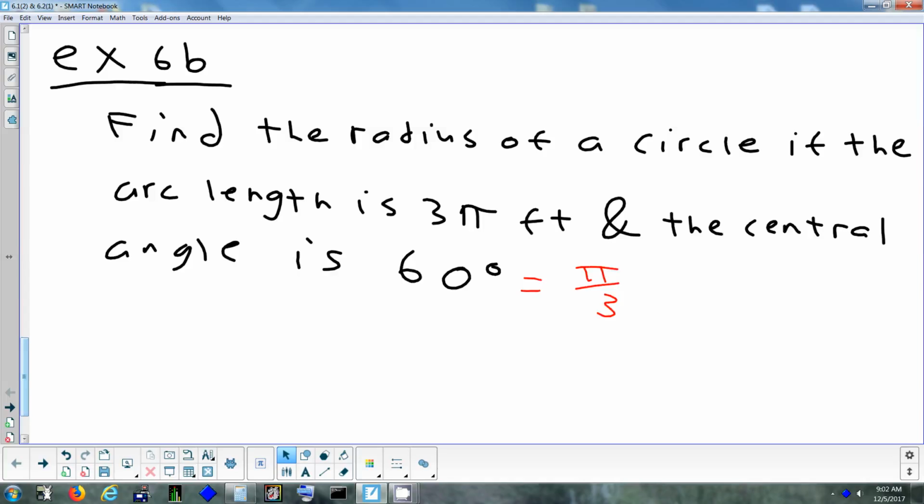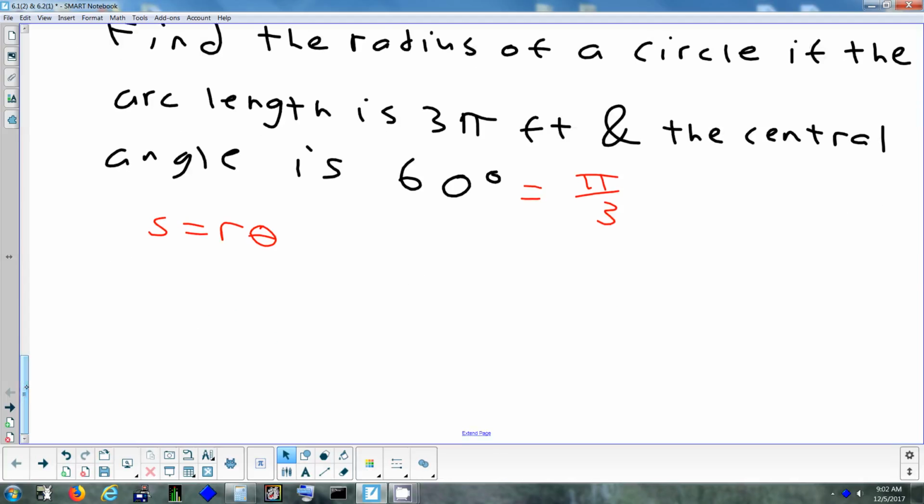Now we're ready to plug in. So there's my formula. Let's just make sure we know where we plug in each number for the right letter. So Tanya, where does the 3 pi get plugged in? The theta, the circle thing. Well, what is the 3 pi?